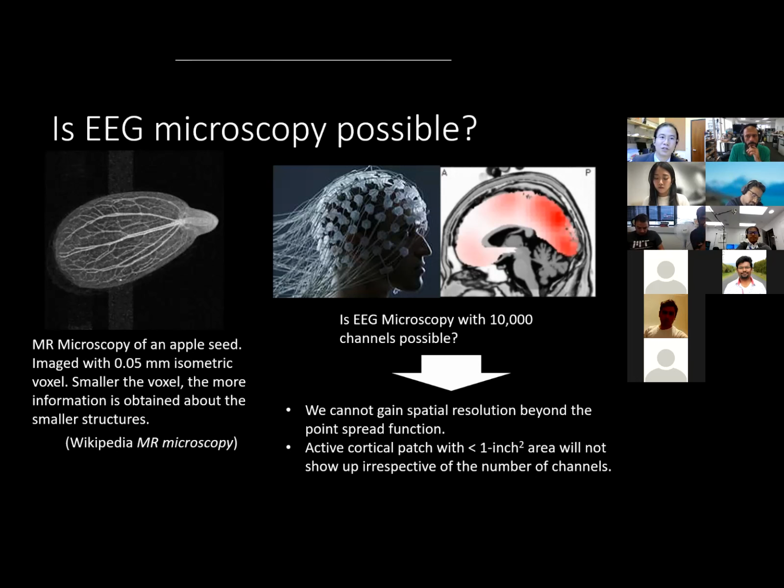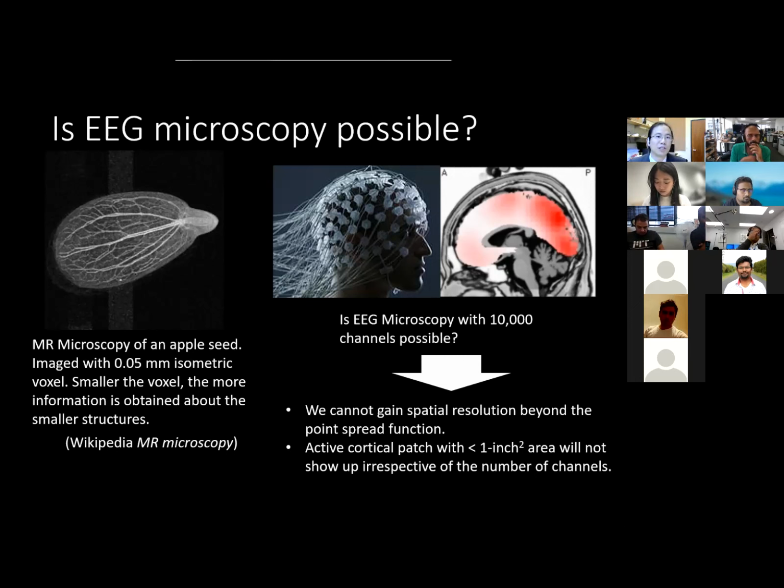According to this book, in order for scalp EEG measurement to pick up any brain activity, the activation size in the brain cortex should be at least 1 square inch, which is about 6.35 square centimeters, which is pretty big, right?